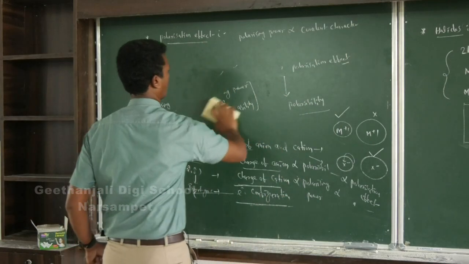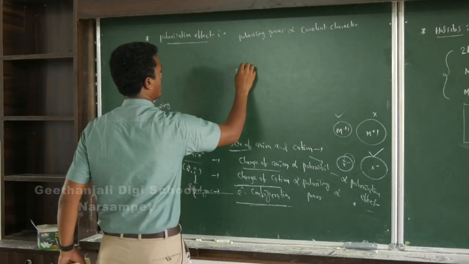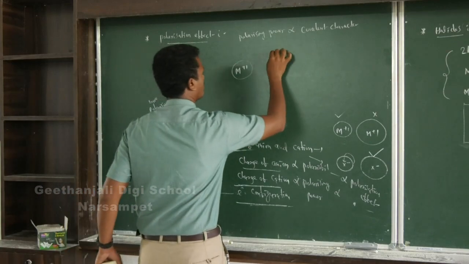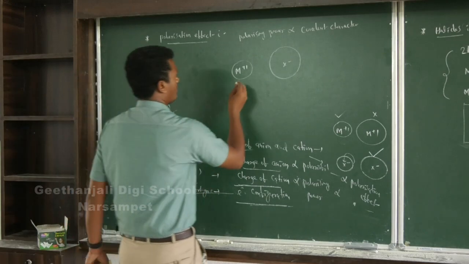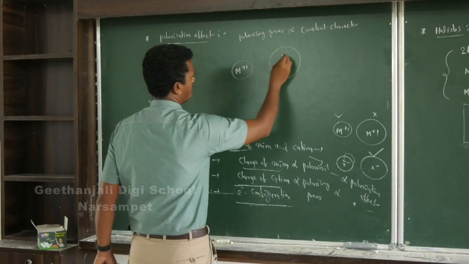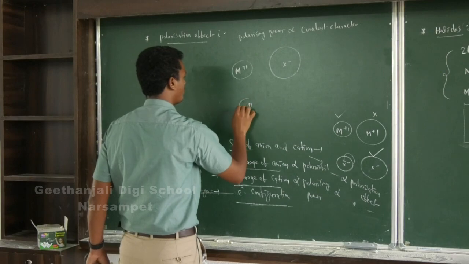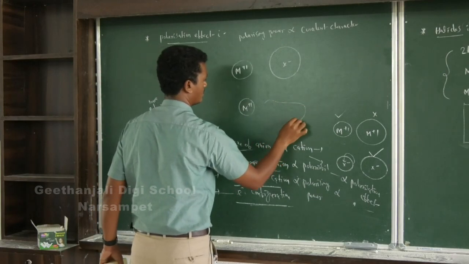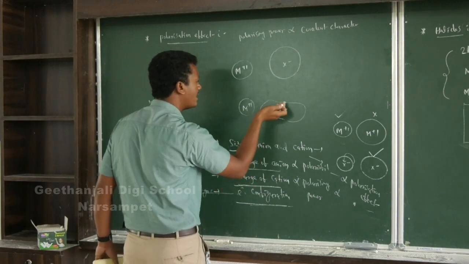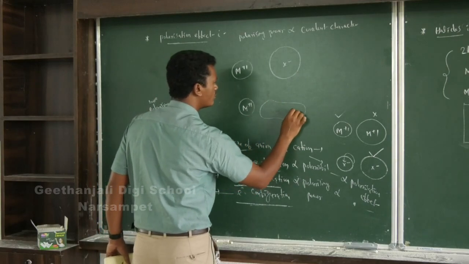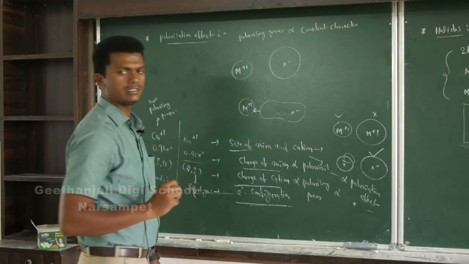See, this is the cation M+. This is the symmetrical electron cloud of X−. When M has more polarizing power, the electron cloud of X− will be distorted like this, meaning the electron cloud moves towards M+ as it is attracting that electron cloud towards itself.